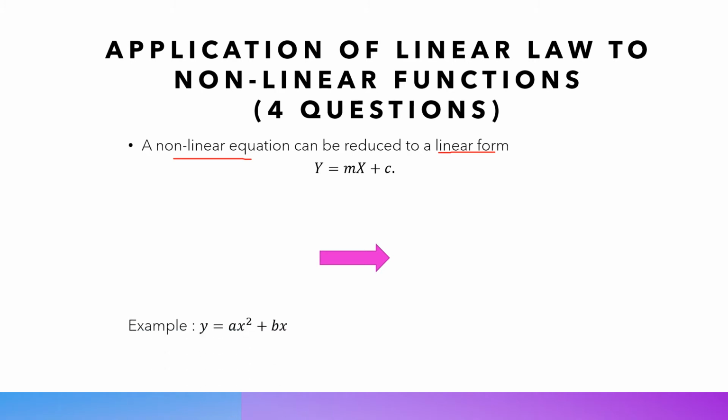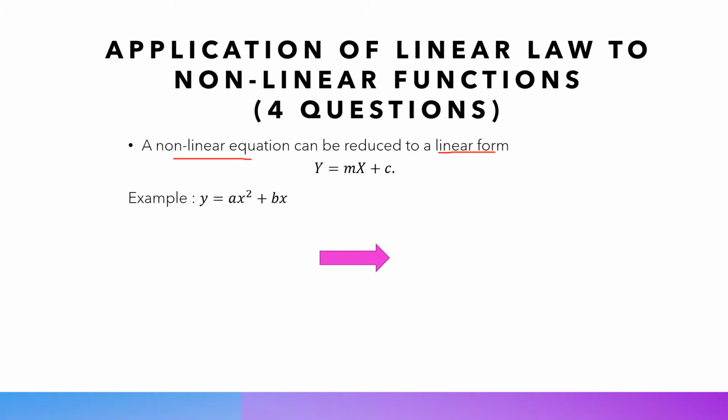Let's see an example. Y equals ax squared plus bx. Now you see the highest power for variable x is 2. You still have 1, but the highest is 2. So you need to reduce this non-linear equation to a linear form, which means you need to make the highest power for x 1. So how?